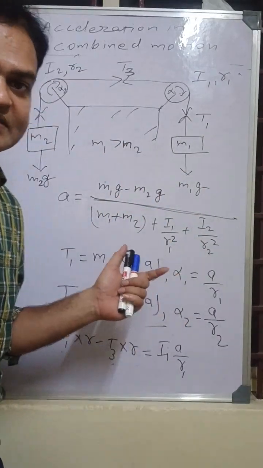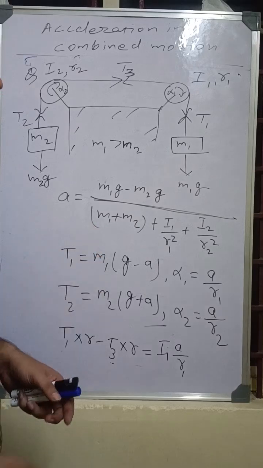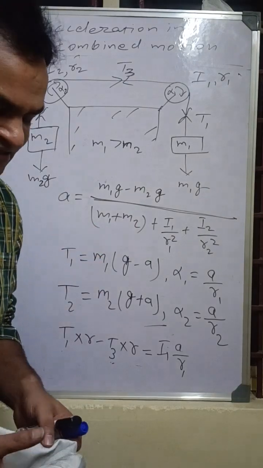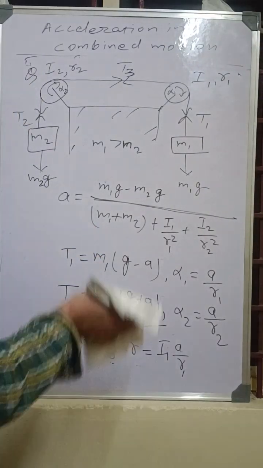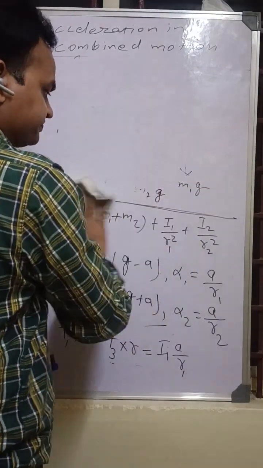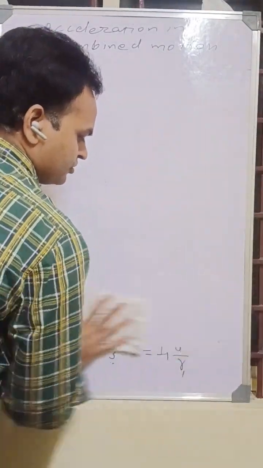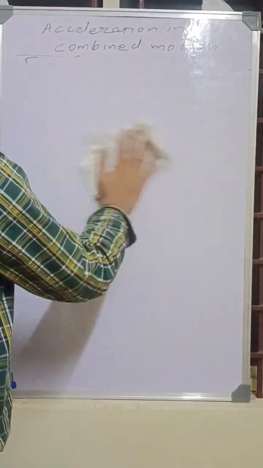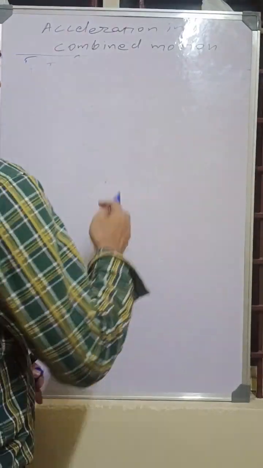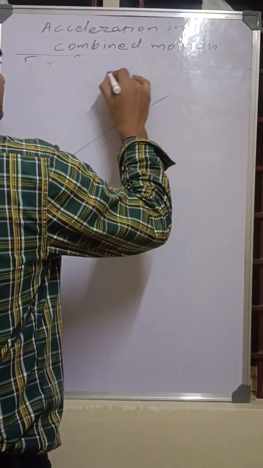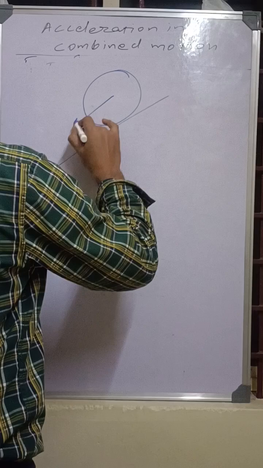We can apply this concept in another situation also, to calculate acceleration and other parameters, like suppose you have to calculate the acceleration of a rolling object on an inclined plane.